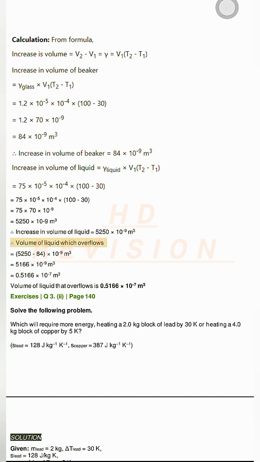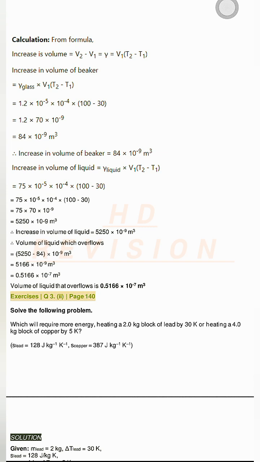Therefore volume of liquid which overflows equals 5250 minus 84 times 10 to the power minus 9 m3 equals 5166 times 10 to the power minus 9 m3 equals 0.5166 times 10 to the power minus 7 m3. Volume of liquid that overflows is 0.5166 times 10 to the power minus 7 m3.